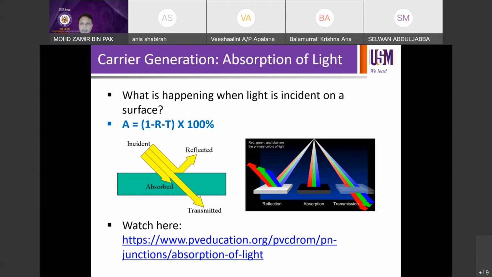We've learned that some portion of the light, or some portion of photons, will be reflected off the interface upon incidence, and this is dictated by the difference in refractive indices between the two media, air and silicon in this case. This also happens when the photons are going out at the back, right?